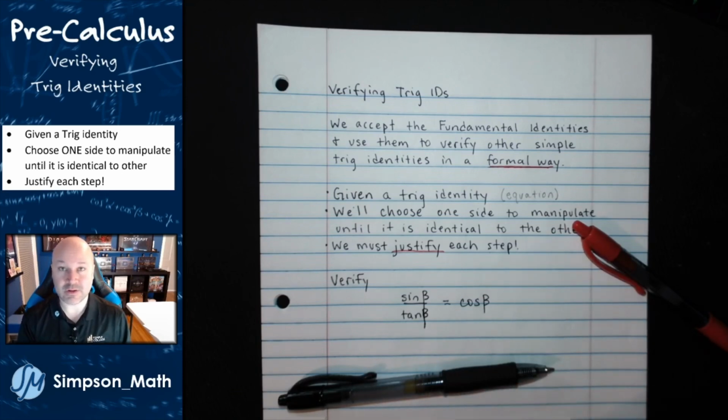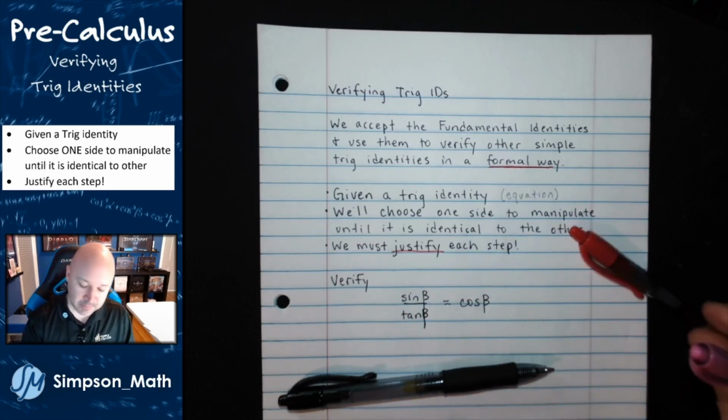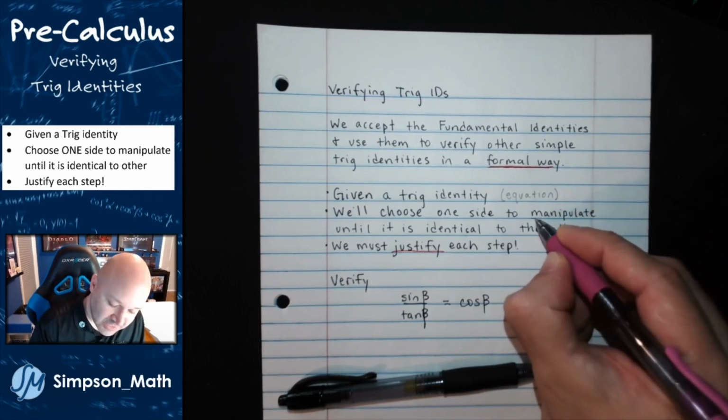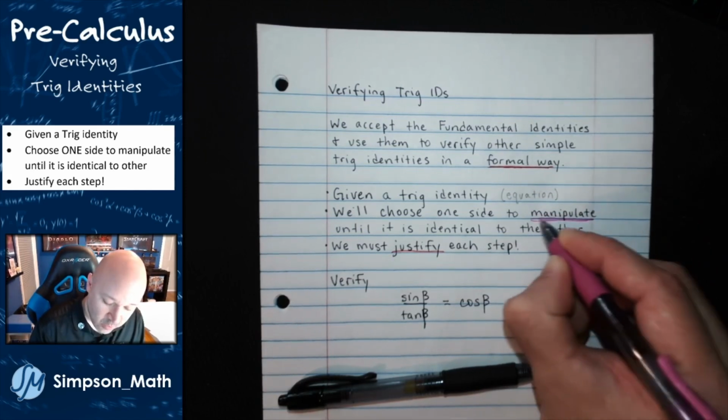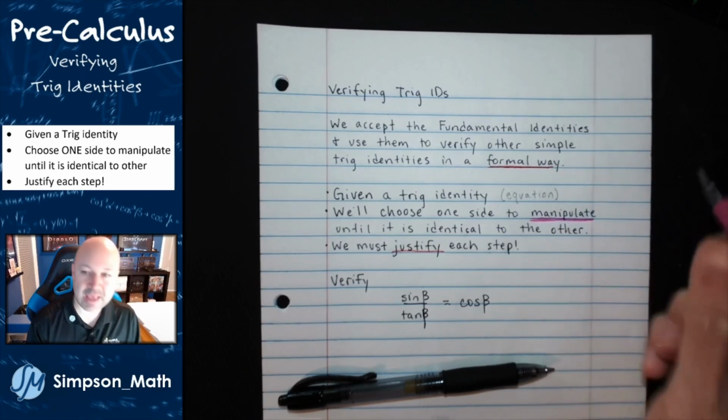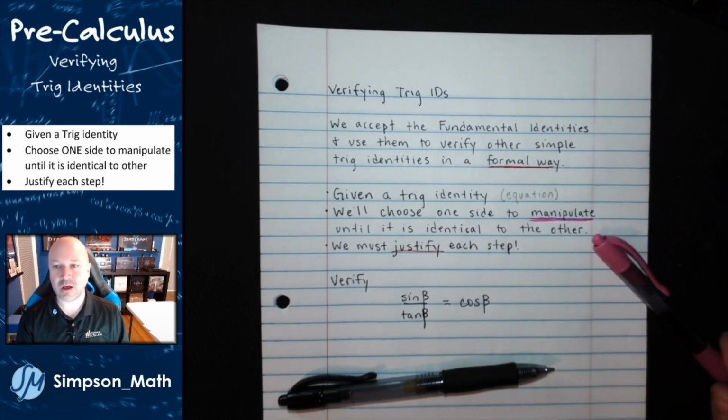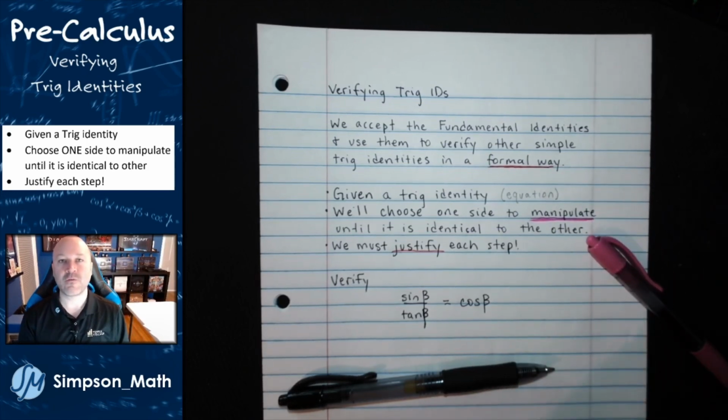All right, now the way we do it is we're going to choose one side of the equation to manipulate. Now, depending on your textbook or teacher or where you are in math, they may allow you to do both sides of the equation, but for our purposes, we are only allowed to manipulate one side of the equation in our final formal write-up of the verification.